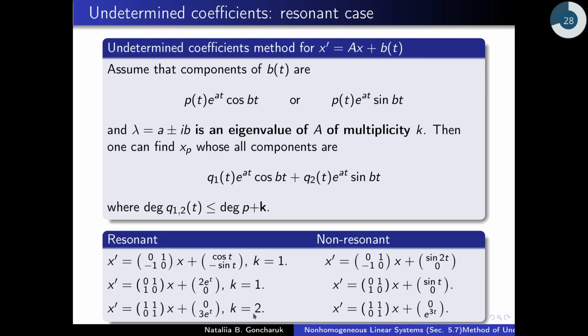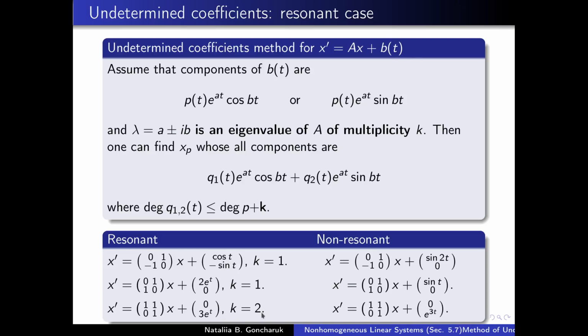And the third example is when the multiplicity is higher. This matrix 1, 1, 0, 1 has repeated eigenvalue 1. So if I add this B, then it is not just resonant.